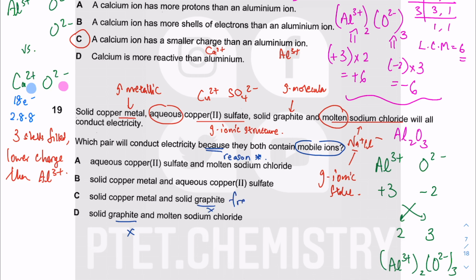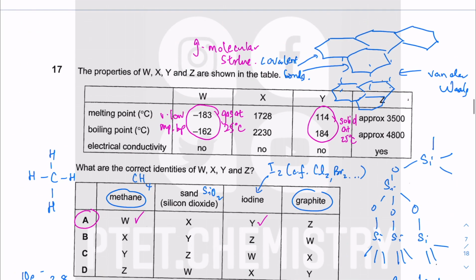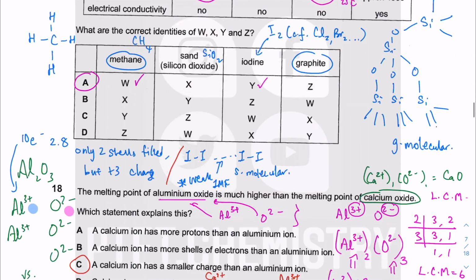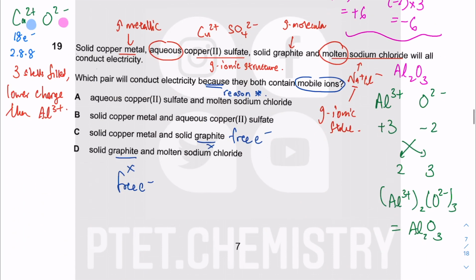Graphite is to do with free electrons because each carbon in graphite only forms 1, 2, 3 covalent bonds. So each carbon in graphite has 1 free electron because carbon has 4 valence electrons. Each carbon in graphite only forms 3 covalent bonds. Therefore, each carbon in graphite has 1 free electron, and it's got nothing to do with ions, it's to do with free electrons. So C and D are out.